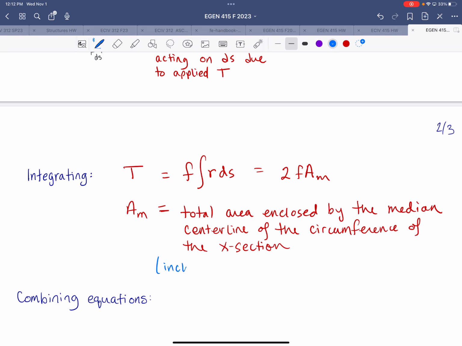Total area that includes the hollow space, and half of the material thickness.